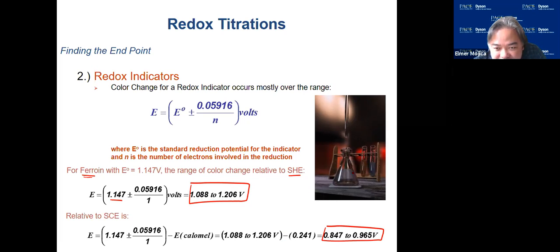I don't know if you could see the video, how they change color. It has the blue going red.